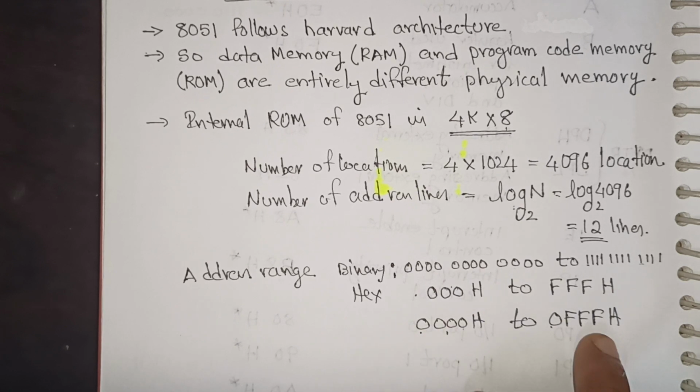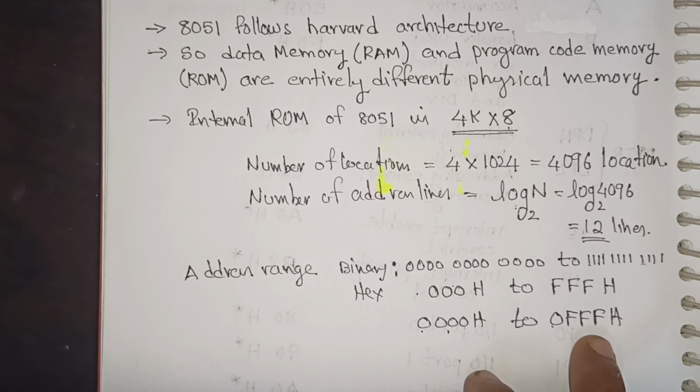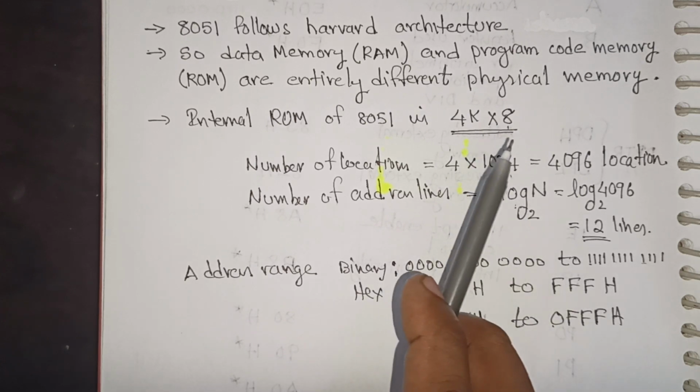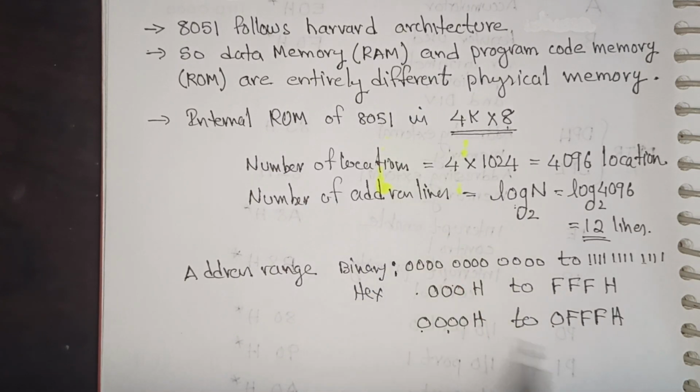The internal ROM address is also written in 16-bit format, because if our 4K memory is not enough, we can connect an external memory with 8051, which is 64 kilobytes long. For a 64K memory, I have already shown you, we need 16 address lines. So that's why it is given in the 16-bit format. But to address the internal ROM, which is 4K, we only need 12 wires. Keep that in mind.